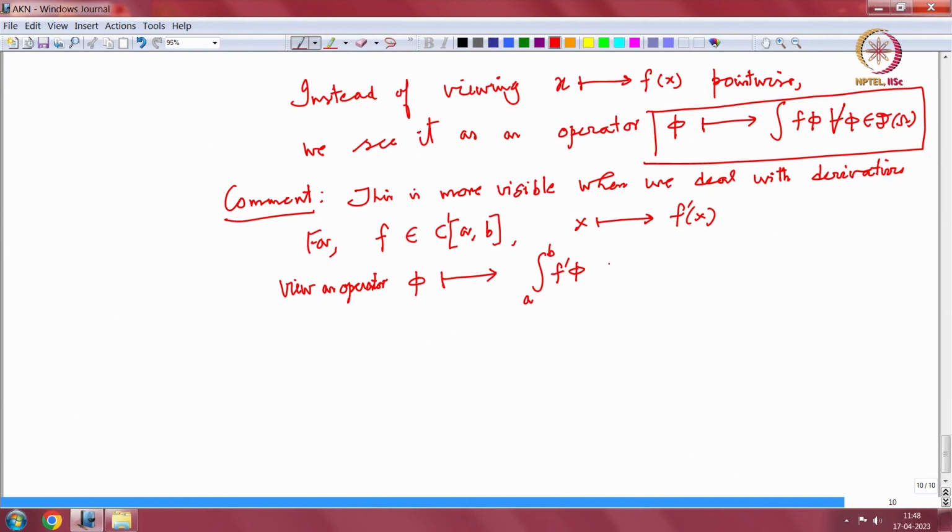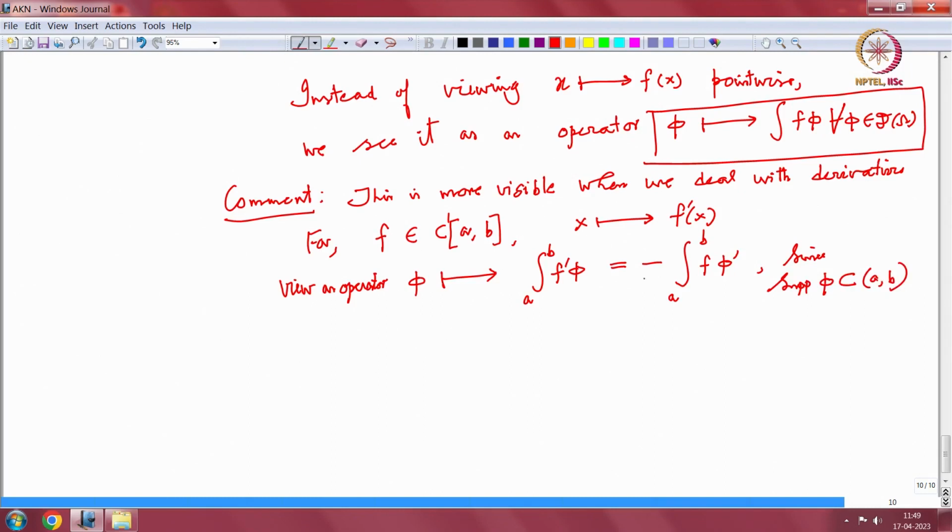But then since phi is smooth, you can do an integration by parts, and phi has compact support. Since phi has compact support, support of phi is in (a,b), so you will have integral from a to b of f phi prime, because boundary terms do not come, since the support of phi is contained in (a,b). Okay.